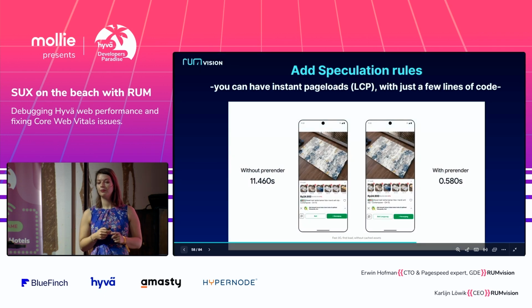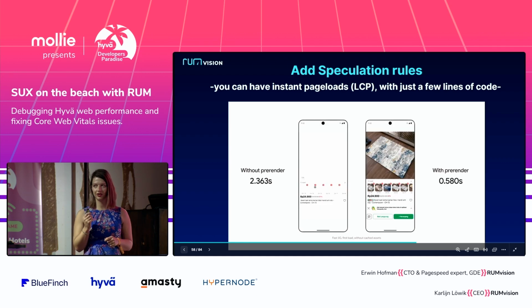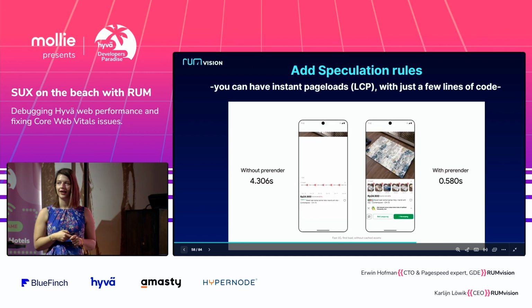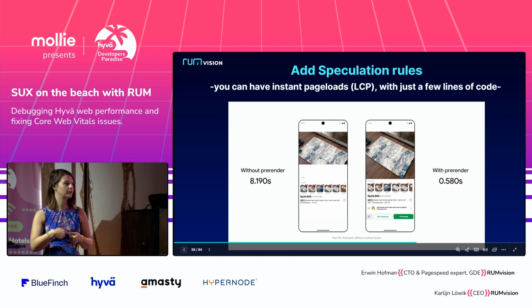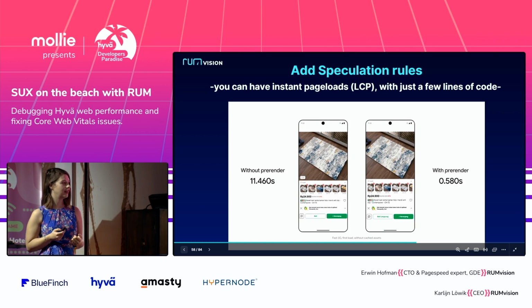Here's the biggest tip on LCP I can actually give you. Add speculation rules. Speculation rules came out last year, and I think they're groundbreaking. Because what it does, it pre-renders your site as you're hovering to it.